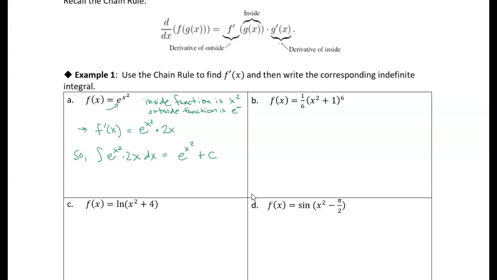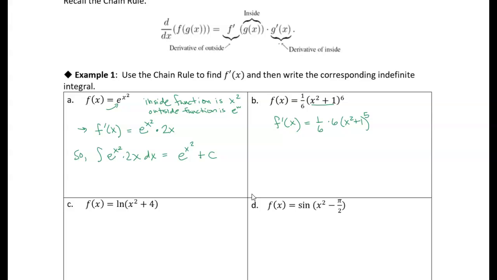All right, so let's do some more practice with this. Our inside function is x squared plus 1, and the outside function is this power of 6 function. So if I take the derivative of this, I've got a constant of 1/6, and then I'm going to take the derivative of the outside function, so I get 6 times x squared plus 1 to the 5th power, right?